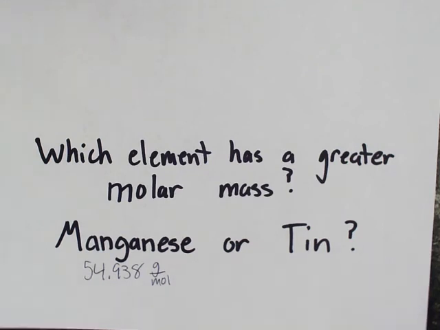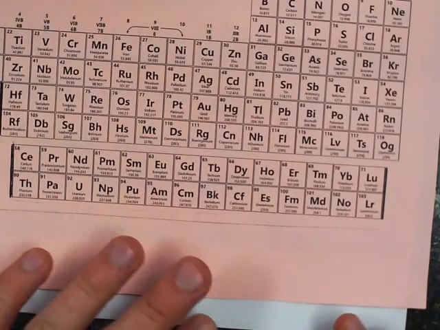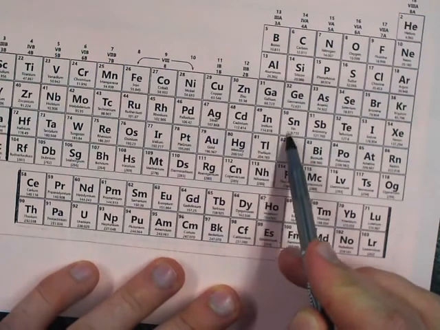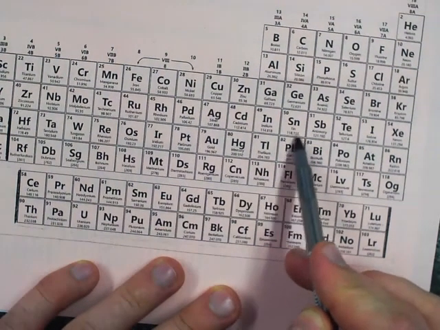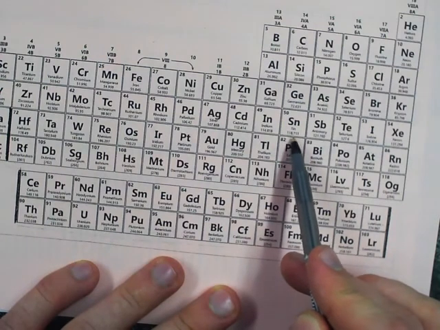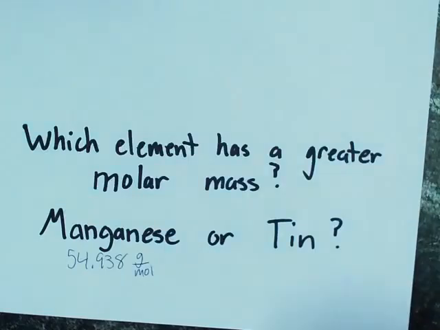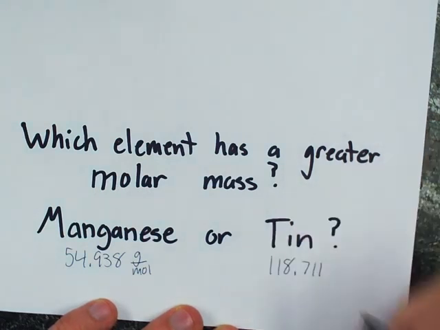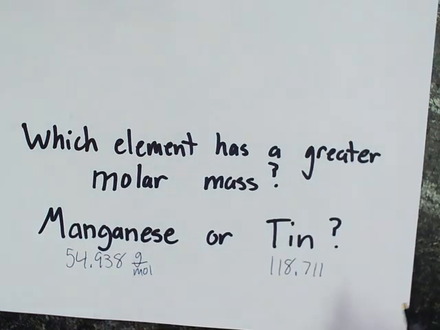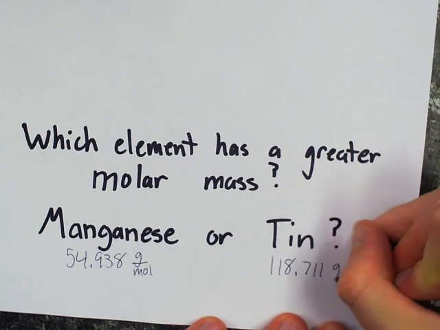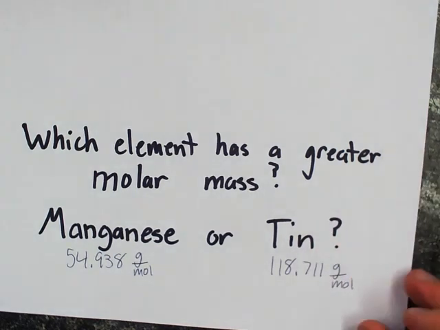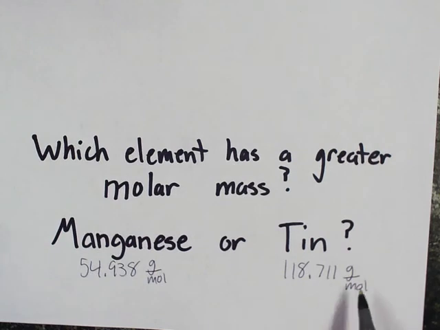So, found that one. I want to find out which one is greater, so I've got to look for tin now. Tin is weird. It's got an atomic symbol of Sn, and it's got a molar mass, read right from the periodic table, of 118.711. I don't need you to carry all those digits with you, but reading right from the table, that's what we get. And again, our units are grams per mole.